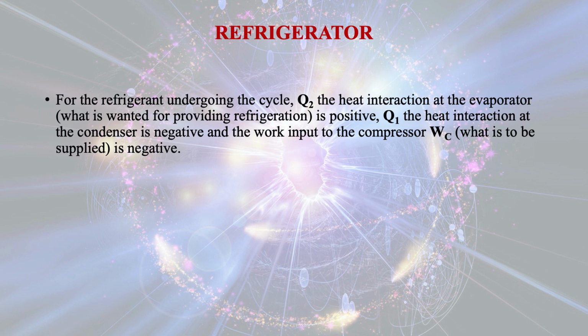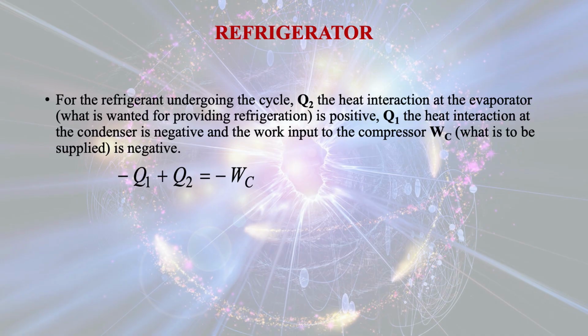Q1, the heat interaction at the condenser, is negative, and the work input to the compressor WC, what is to be supplied, is negative. These are all from the sign convention.